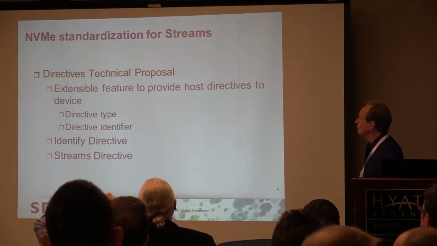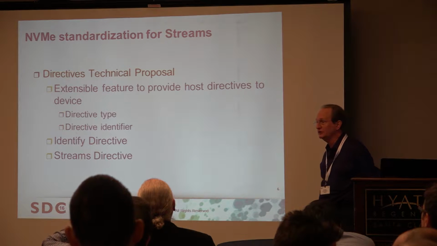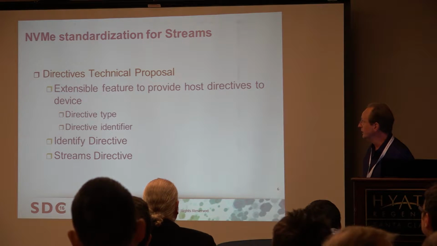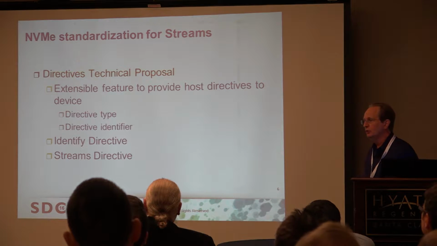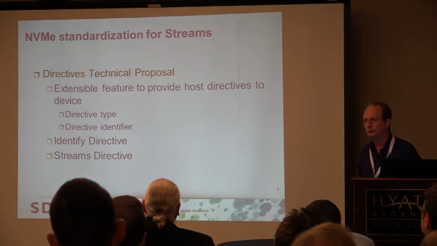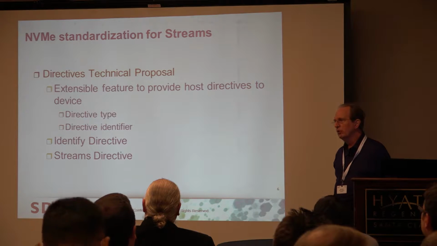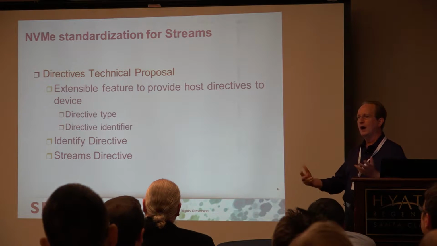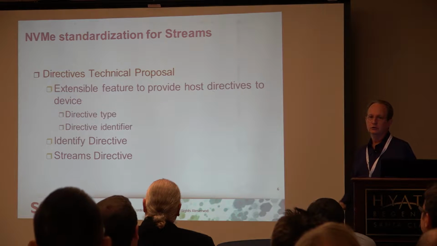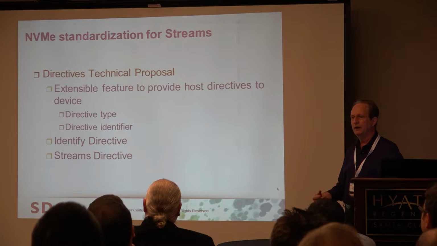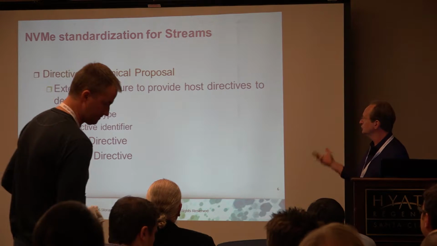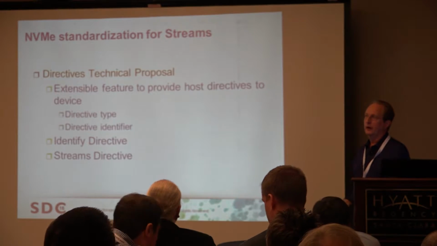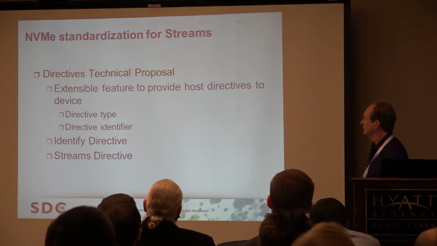So the NVMe standardization effort for this: NVMe wanted to take what we were bringing in and make a more generalized idea of what we were doing, to allow other features to come in and not keep eating up command codes. So this got turned into a feature called directives.